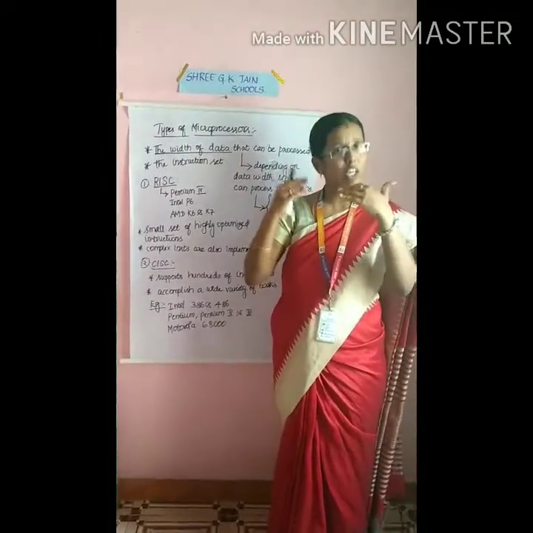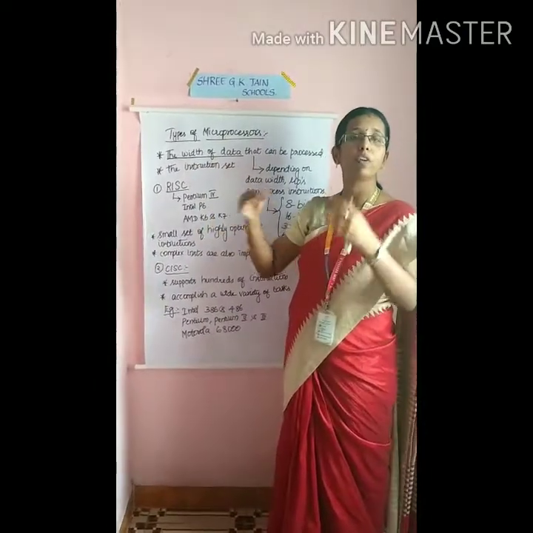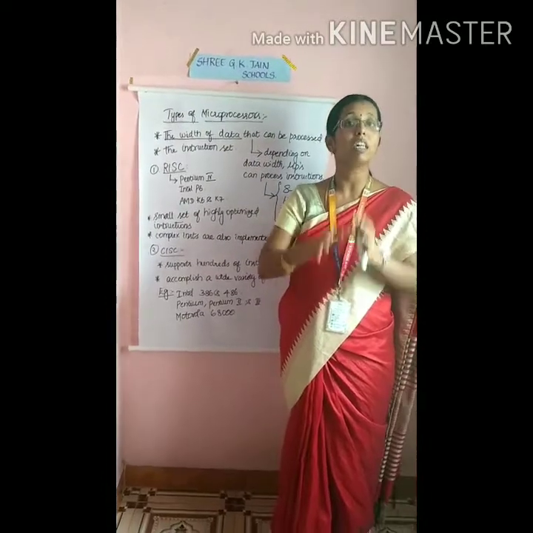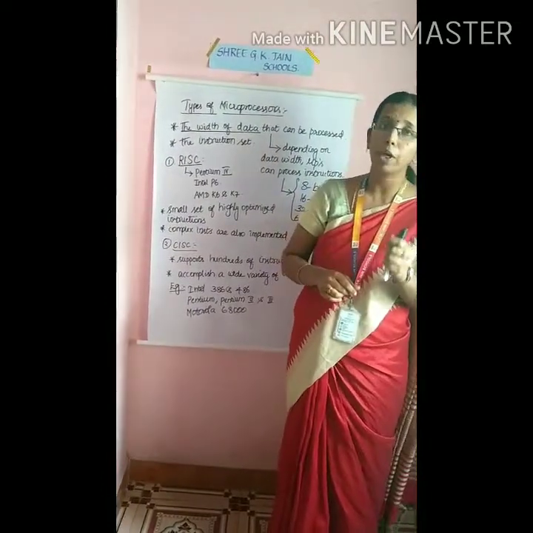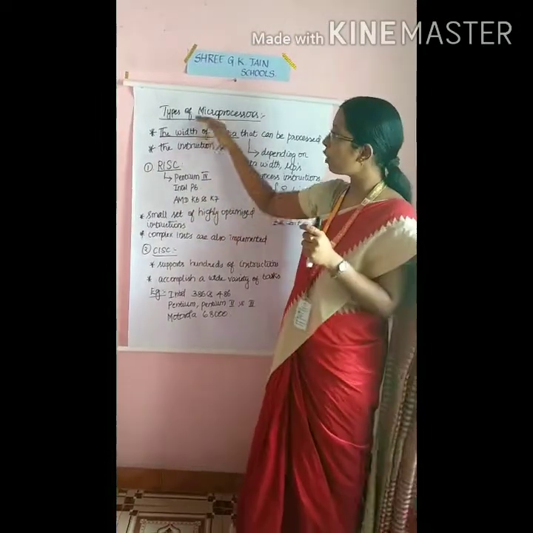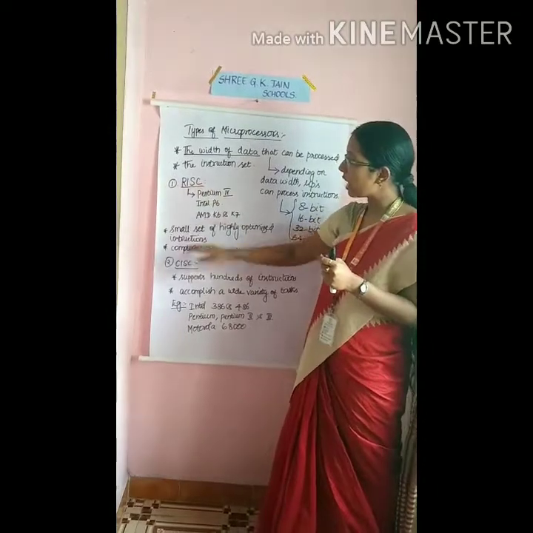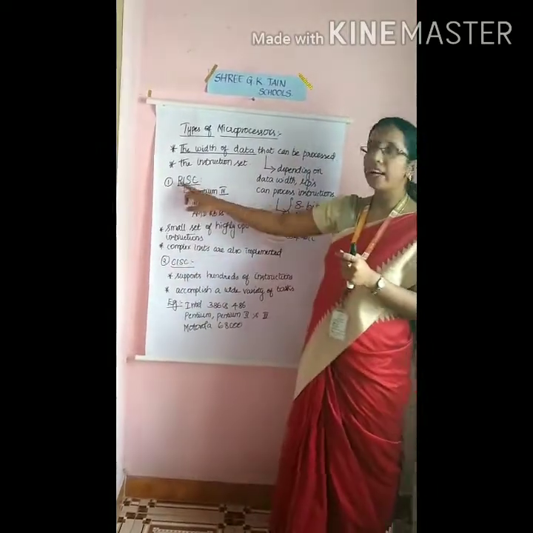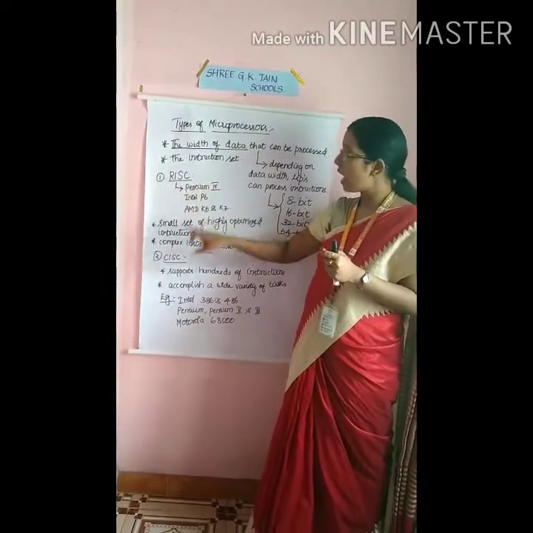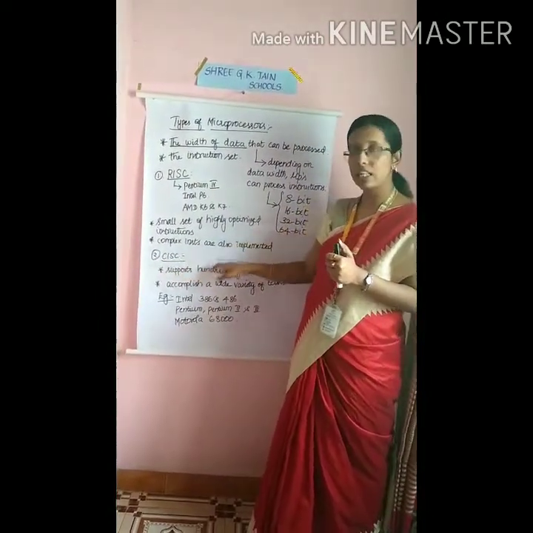As technology developed, more and more complex instructions were developed to increase the functionality of the microprocessor. So based on this instruction set, the microprocessors are classified into RISC and CISC. RISC is reduced instruction set computers, and CISC is complex instruction set computers.